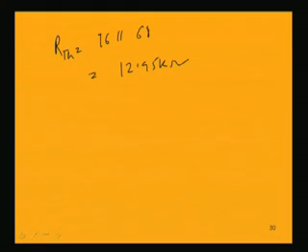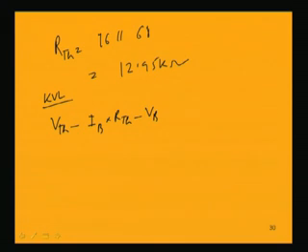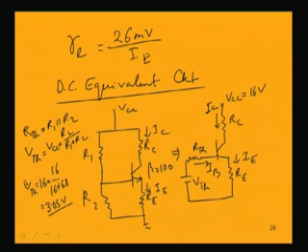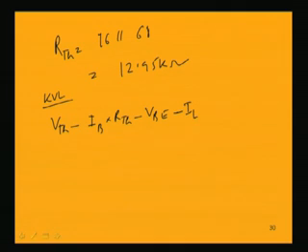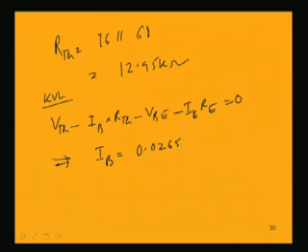So V Thevenin minus IB, not I Thevenin, this is the base current, into R Thevenin minus this voltage drop VBE. If we look into the circuit, you cannot ignore this voltage drop between base and emitter, minus IE into RE, that equals 0. So putting all these values, we get IB equal to 0.0265 milliampere.